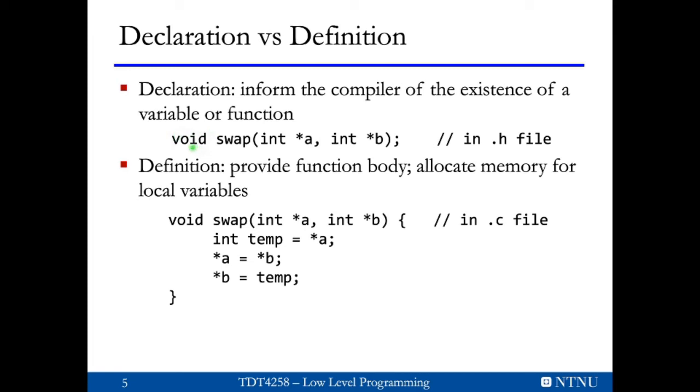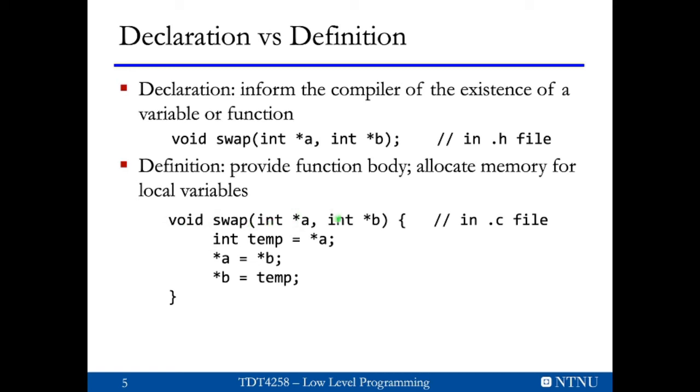In a definition, you provide the implementation of a function, so the function body, and possibly allocate memory for local variables and so on. So when we want to define, so implement a function swap, we have the same prototype for our function here, so it's void swap, so we don't return a value, and it takes two integer pointers as parameters.